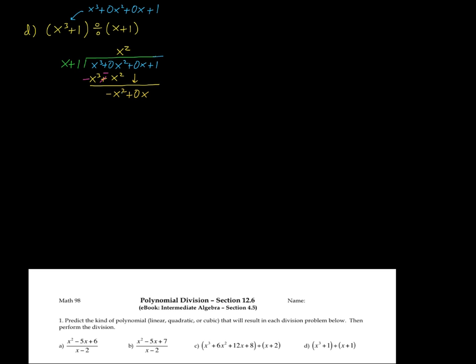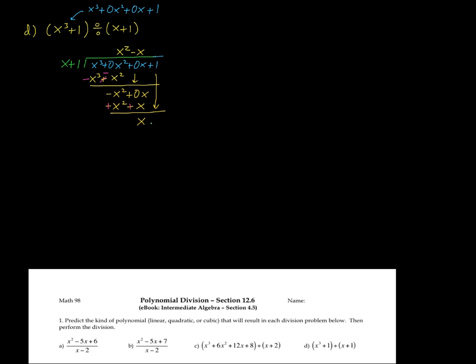x into minus x squared, that would be minus x. And minus x times x is minus x squared. And minus x times positive 1 would be minus x. So now go ahead and subtract by changing signs and adding. The x squareds will drop out, and I'm going to get a positive x.